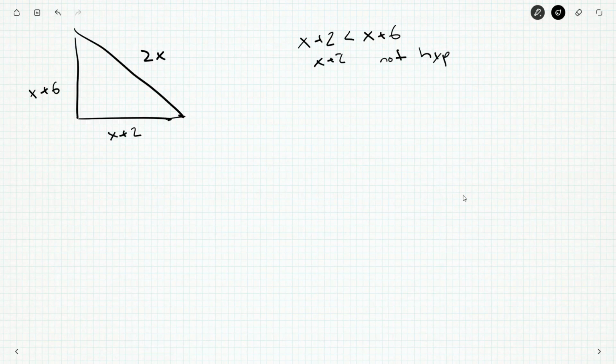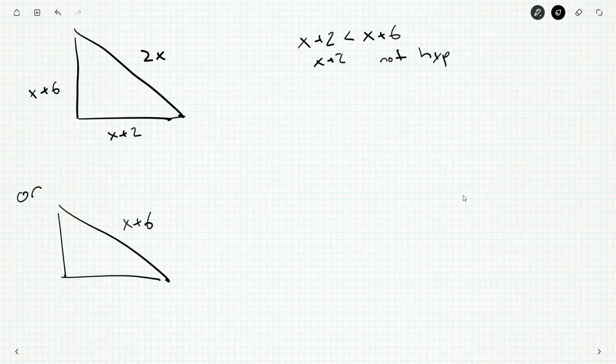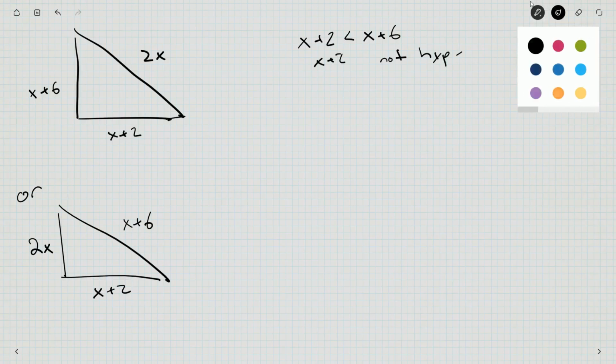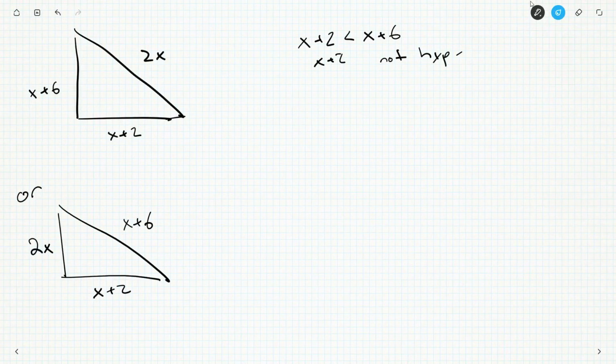But if x is greater than 6, x plus 6 is the bigger of these two. So we have two possible triangles. We can say this one here is for x greater than 6, and this one here means x is less than 6.